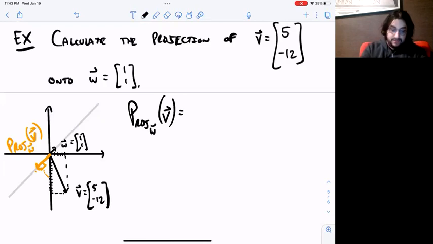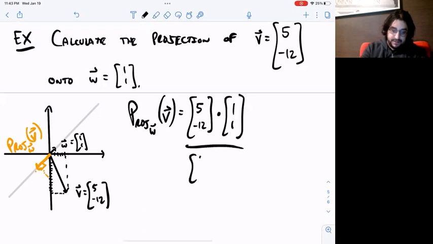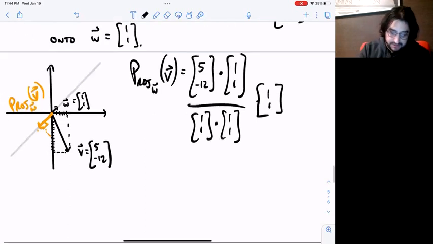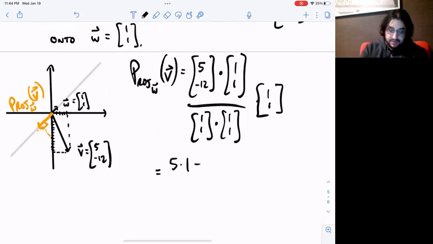Well, you do V dot W divided by W dot W, times W. So what do I have? Up top, I have 5 times 1 minus 12 times 1. In the bottom, I have 1 times 1 plus 1 times 1. And over here, I have just 1, 1.